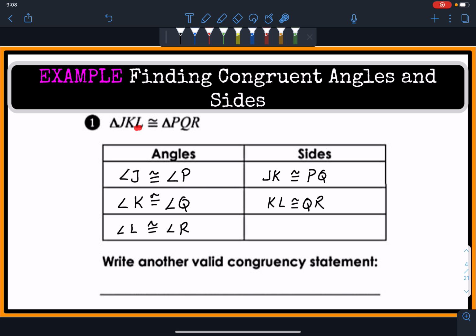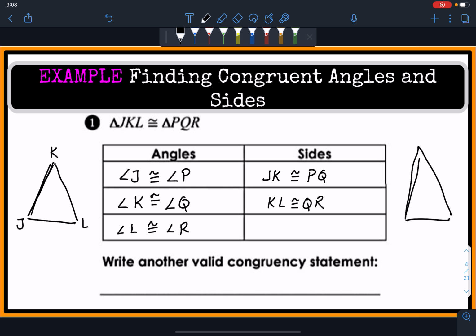And from J to L, let me actually draw this so we can see it a little better. We have J, K, L, then the other triangle over here, P, Q, and R located in those exact same corners as the one on this side.